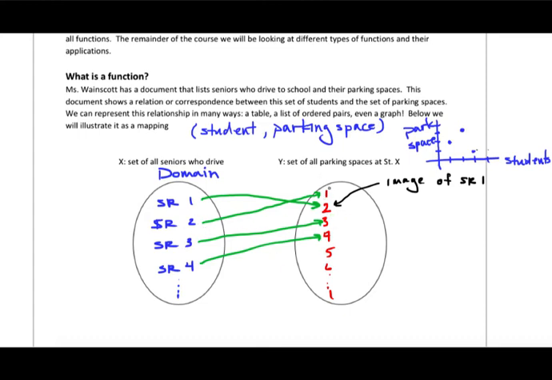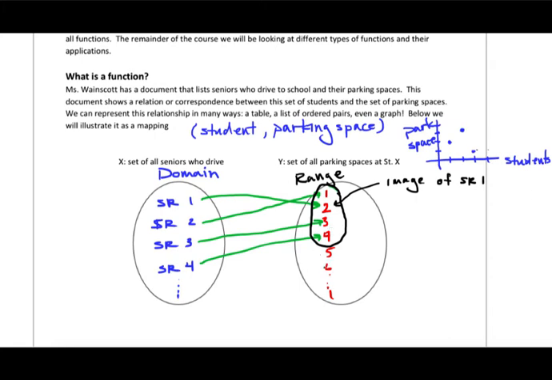We look at this collection of all of these images, so all the spots that get assigned to seniors. This is called the range. The domain is the set of all the inputs, and the range is the set of all the outputs. Notice I still have some other objects out here that aren't in the range.